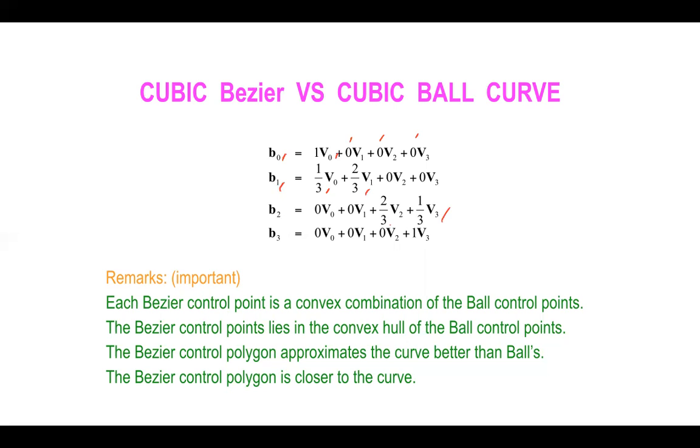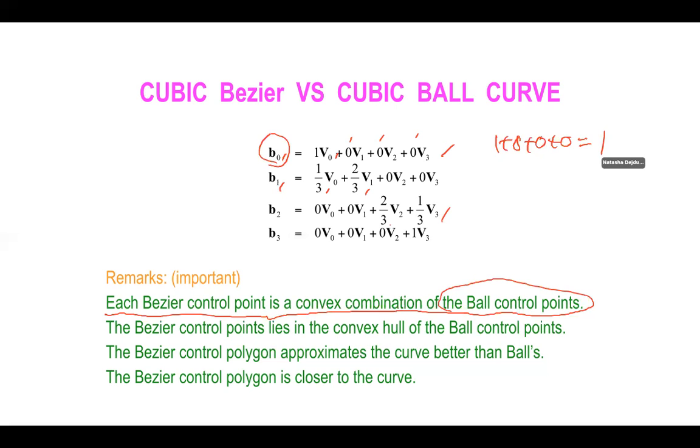But from this system of equations, we can conclude that each Bezier control point is a convex combination of ball control points. Is it obvious? It is obvious, right? Why is it convex? 1 plus 0 plus 0 plus 0 is equal to 1, right?